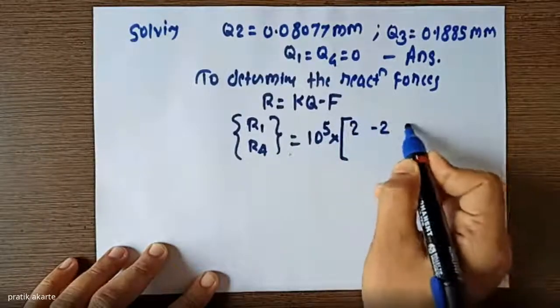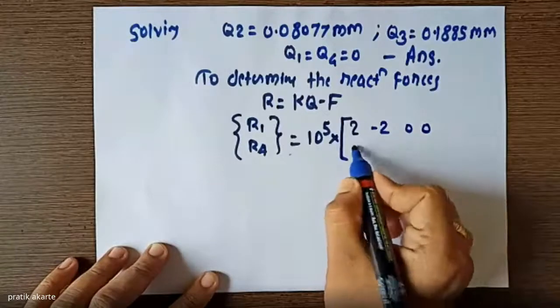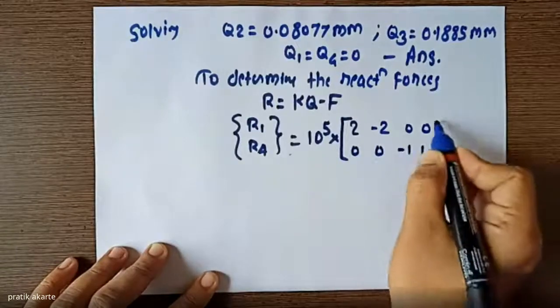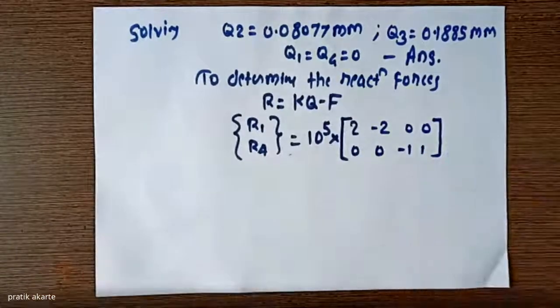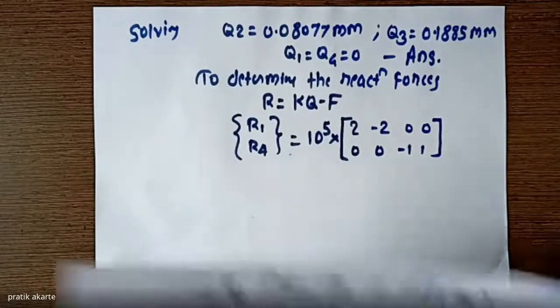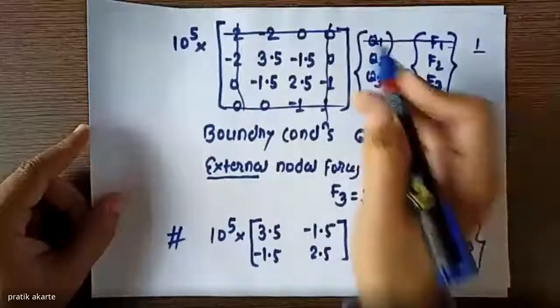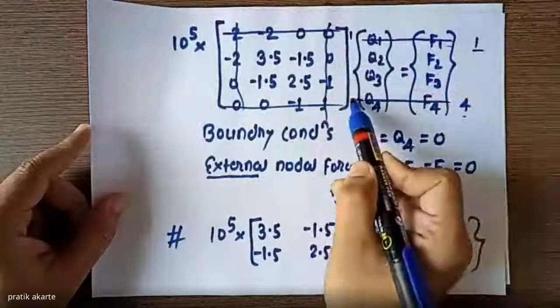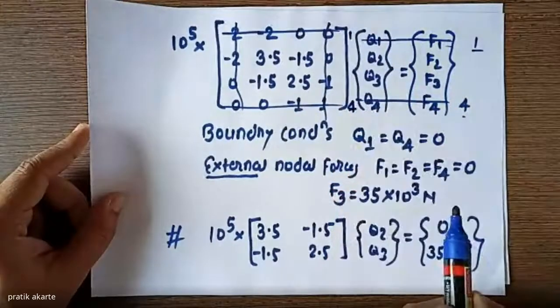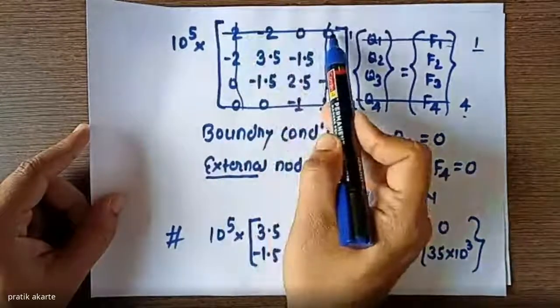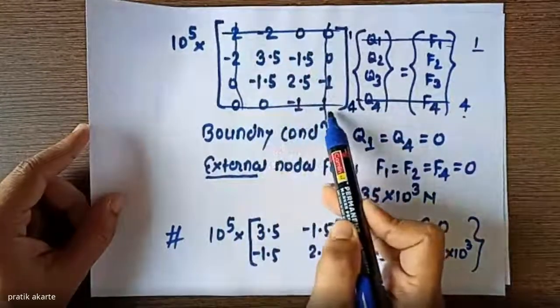2, -2, 0, 0 and 0, 0, -1, 1. These are the two rows only we are writing from the global stiffness matrix. So this is our global stiffness matrix. This corresponds to node number 1, and this corresponds to node number 4. So 2, -2, 0, 0 and 0, 0, -1, 1.